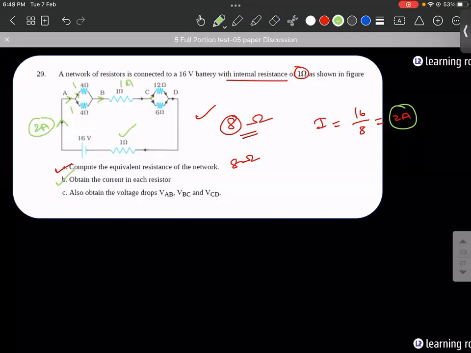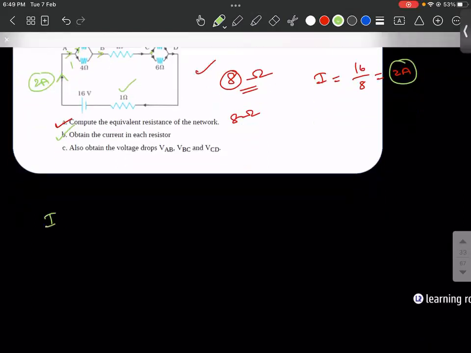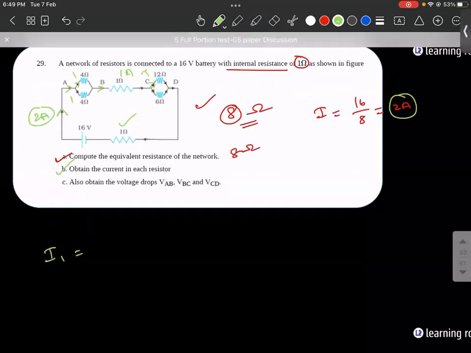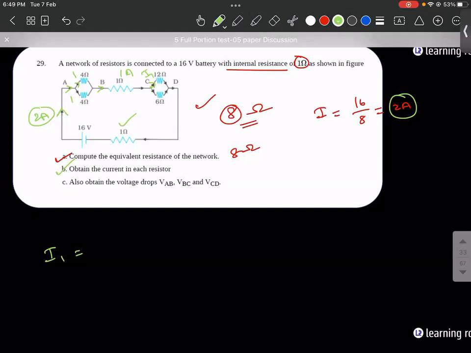When you have two resistors of unequal values in parallel, how do you calculate the current directly? I1 will be equal to, listen to this carefully, if I take this to be I1, I1 will be equal to total current I into opposite resistance divided by the equivalent resistance.